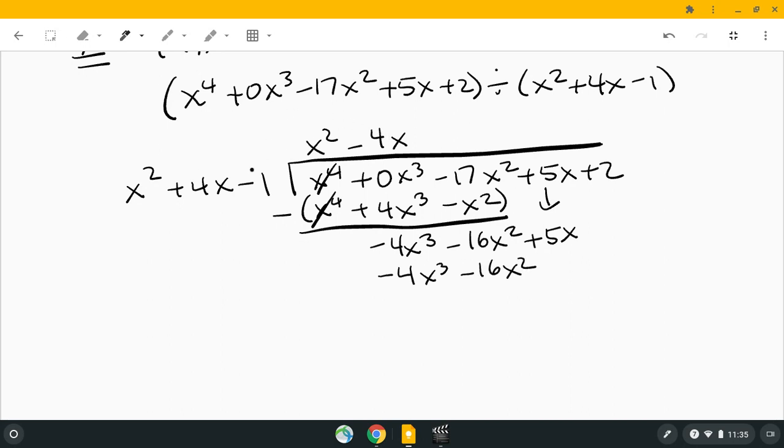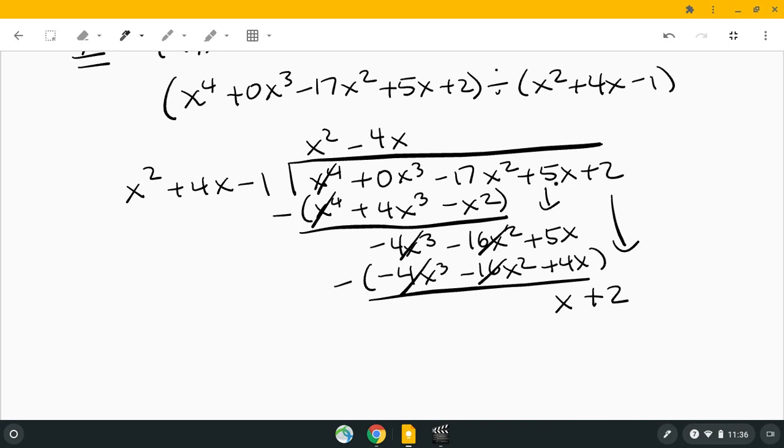And then over here, negative 4x times this is positive 4x. And then here, these cancel out. These also cancel out, so that'll be interesting. And then 5 minus 4x is 1x. And then I'll bring down this.